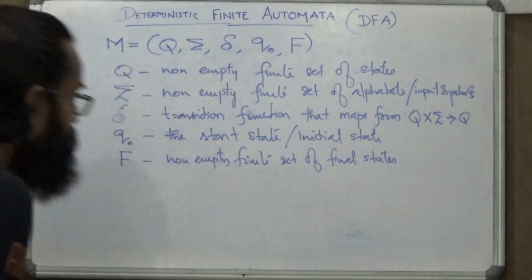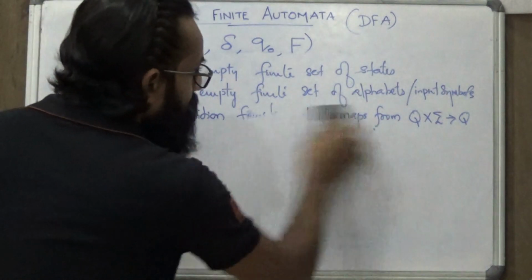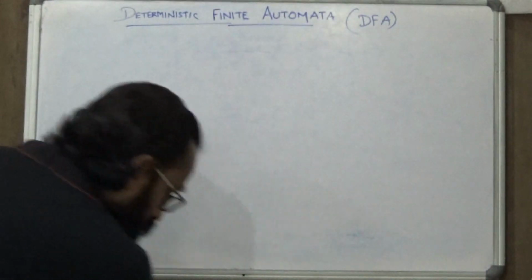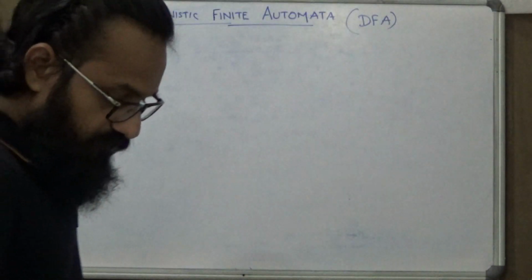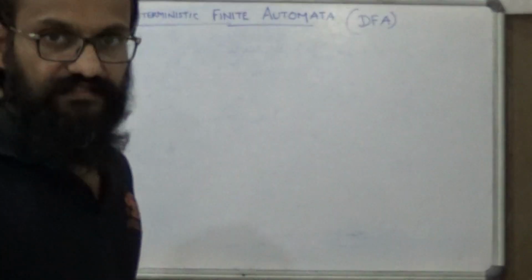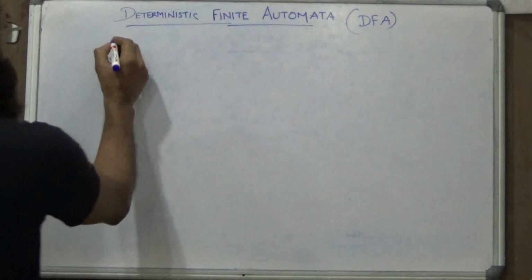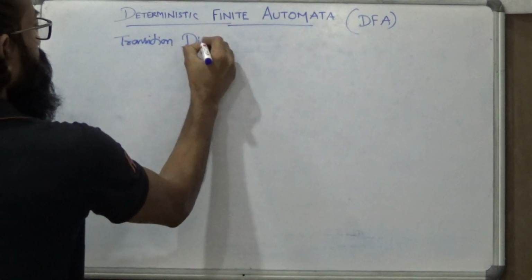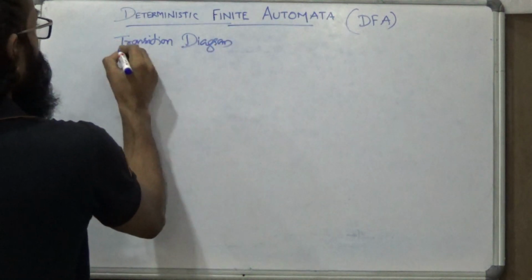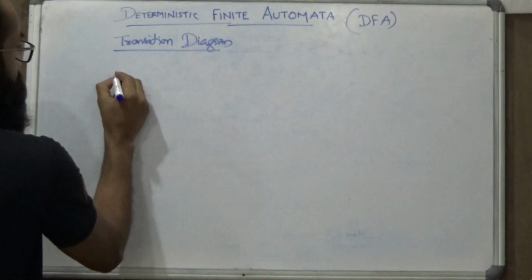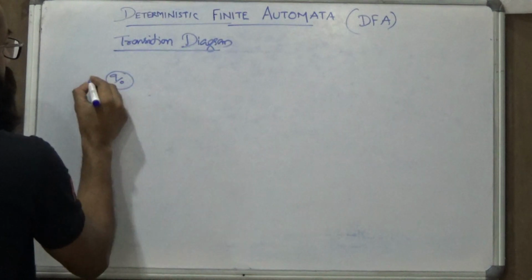So let us discuss an example. When we talk about DFA, we can have different representations. The first representation is the transition diagram. Let us consider this example, Q0. This is the start state.